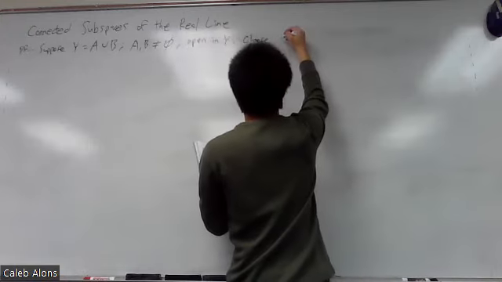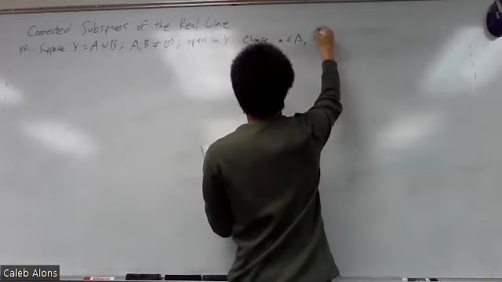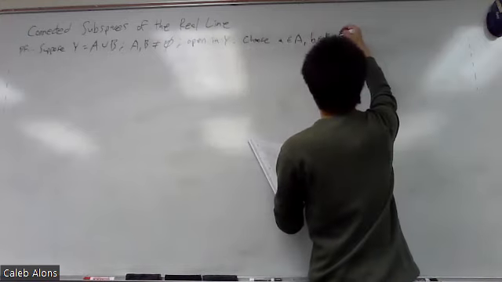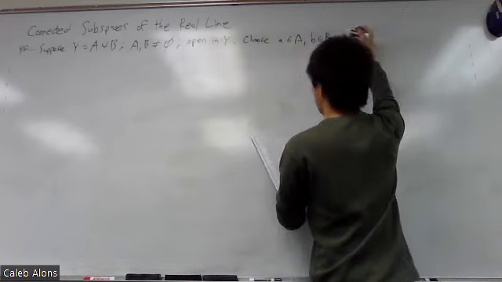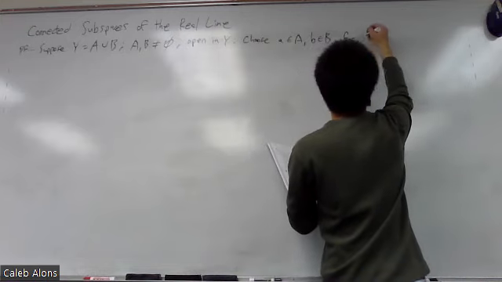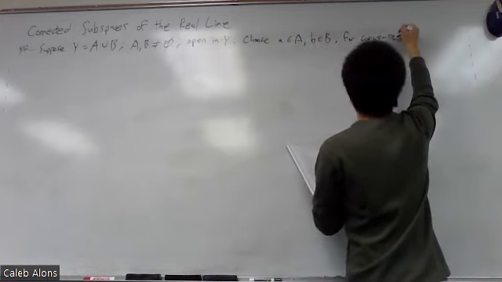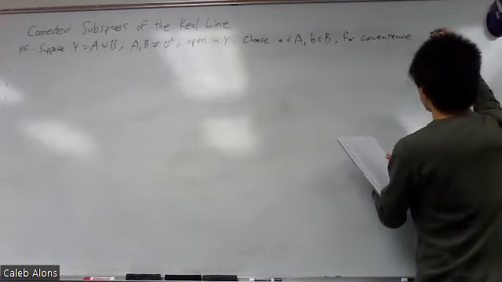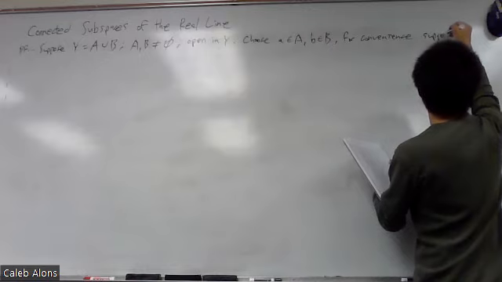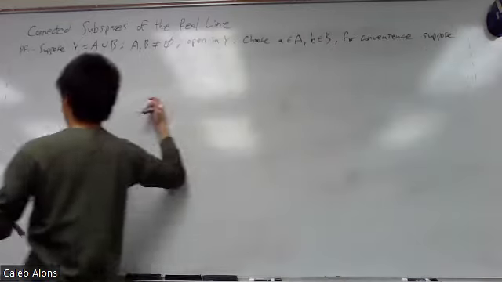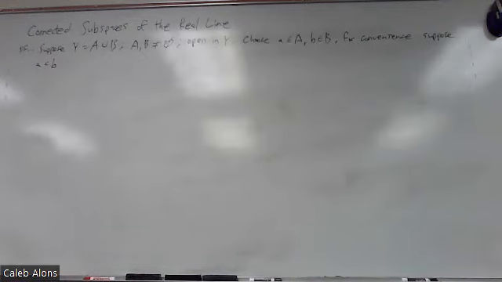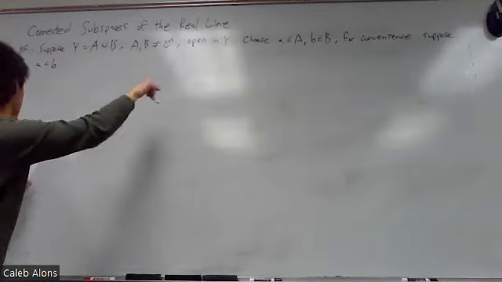So we can say that there has to be an element in A, there has to be an element in B. And then for convenience, because it really doesn't matter what we choose abstractly, we're going to suppose that A will be less than B. Because it doesn't matter which way it goes, we just have to fix one of them because they're arbitrary elements.